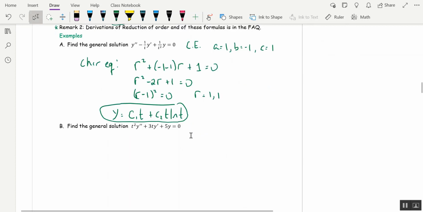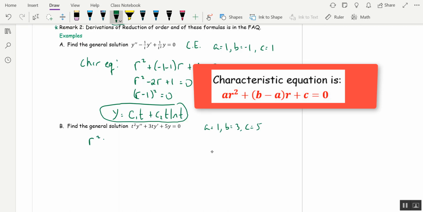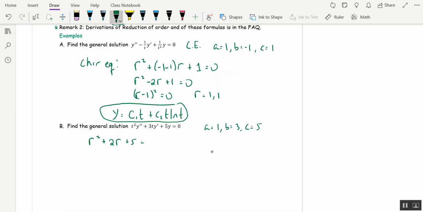Okay, let's do another one. So this is already in the Cauchy-Euler format. A is 1, B is 3, and C is 5. So our characteristic equation is r squared plus (b minus a), 3 minus 1 is 2, 2r plus 5 equals 0.